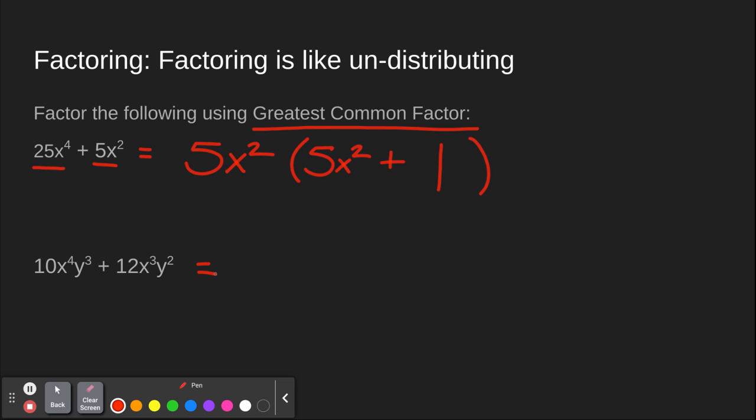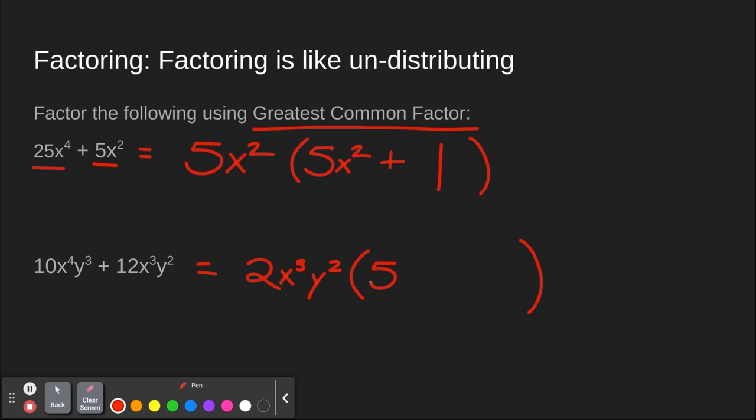Okay? All right. So this one's a little harder. What's the greatest common factor of 10 and 12? It is 2. What is the greatest common factor of x to the fourth and x to the third? X to the third. And it's going to be a y squared. Now you're basically undistributing. 2 times what is 10? 5.